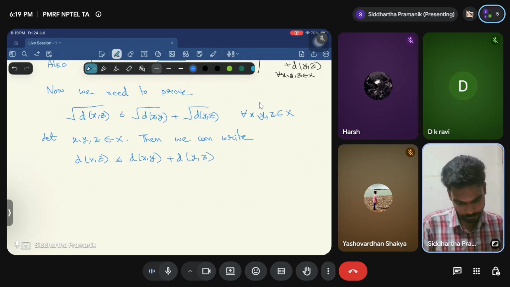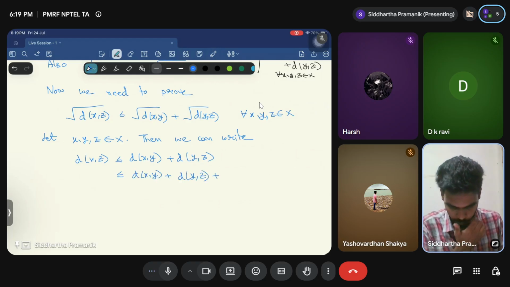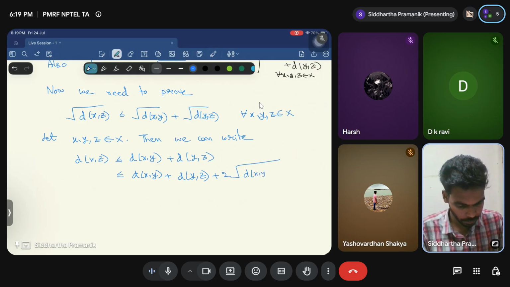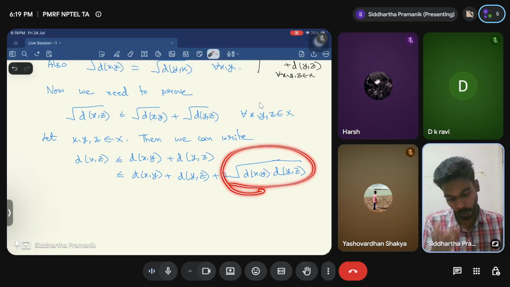Now this is less than or equal to d(x,y) plus d(y,z) plus 2 times the square root of d(x,y) times d(y,z). This we can do, right? Because this is a non-negative number we are adding.